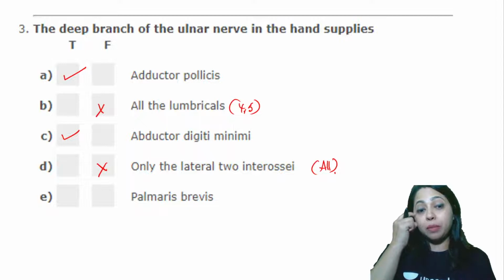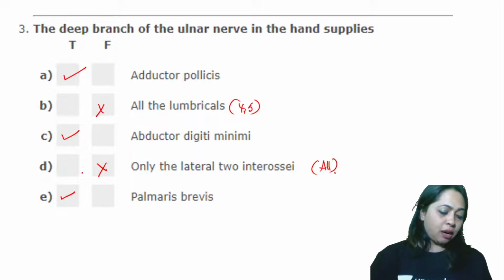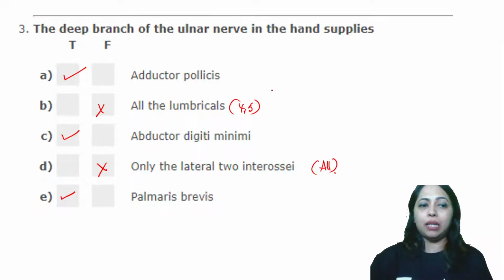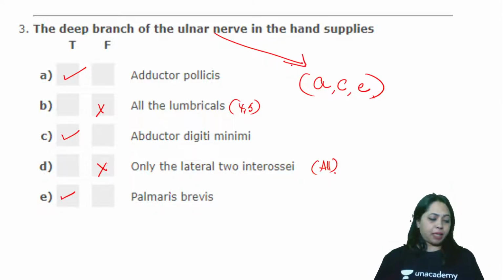What about palmaris brevis? Palmaris longus and palmaris brevis. So that is again a true thing. So these are the supply of ulnar. So it is A, C and E. Okay, let's see if there is anybody who is answering.